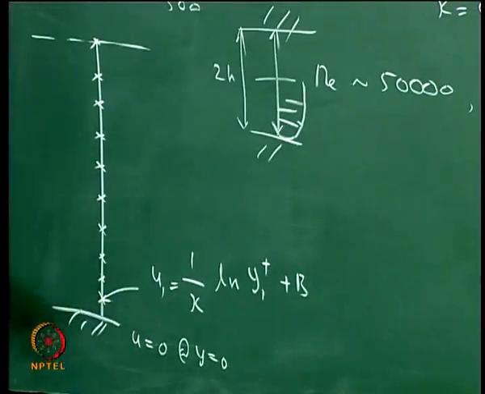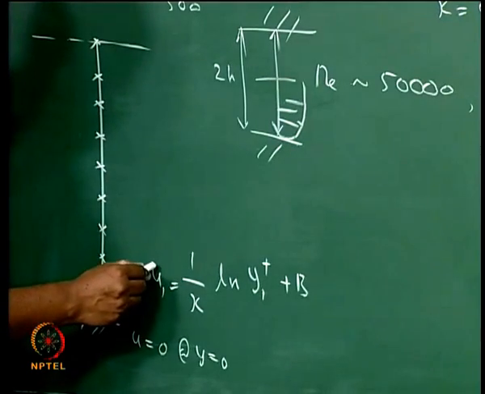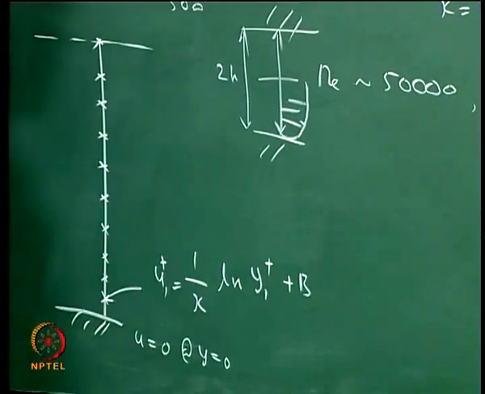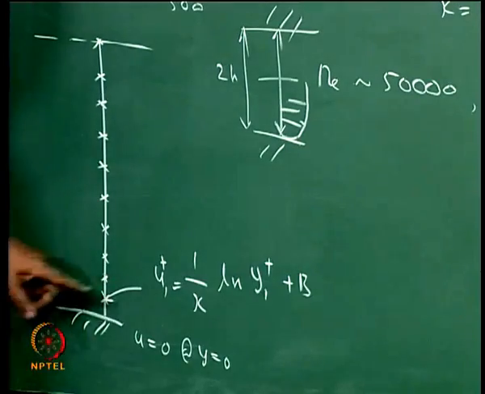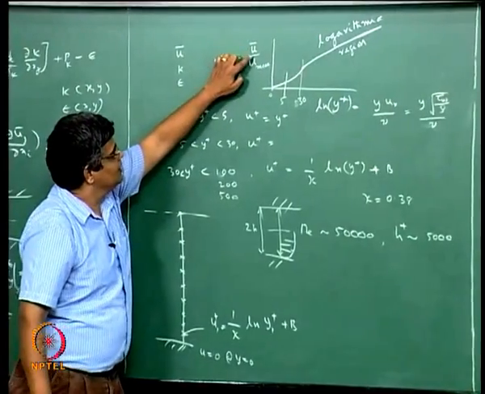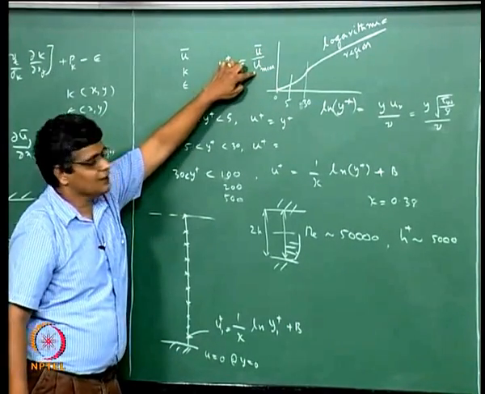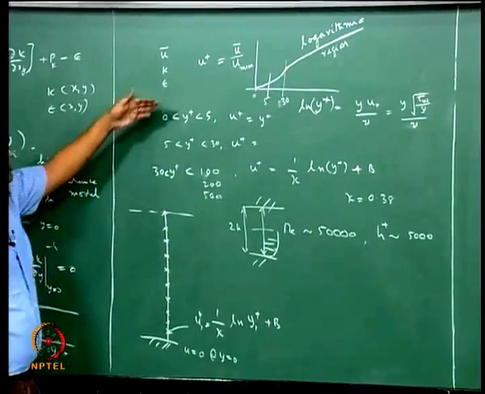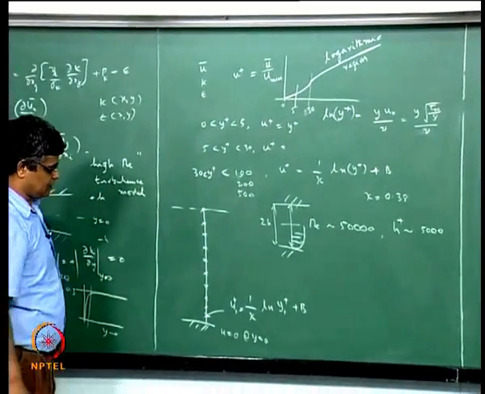So this is the boundary condition that we apply here, this is u1 plus. So this u1 plus is the mean velocity at that point divided by the average velocity or the maximum velocity like that.